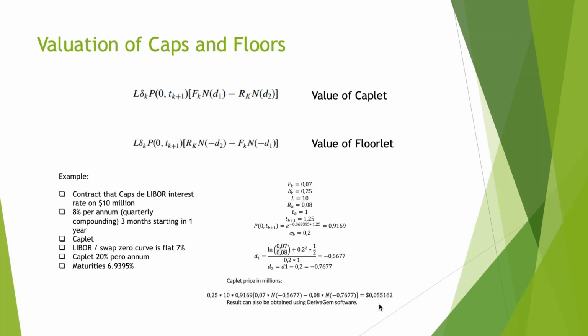Suppose that the LIBOR swap curve is flat at 7% per annum with quarterly compounding, and the volatility of the 3-month forward rate underlying the caplet is 20% per annum. The continuously compounded zero rate for the maturity is 6.9395%.